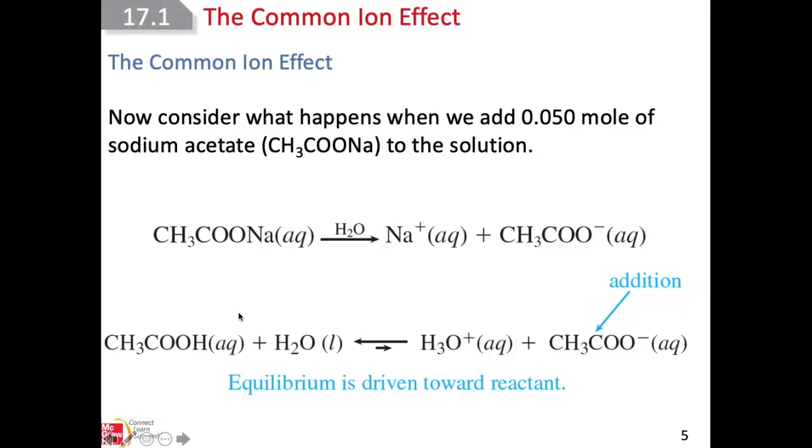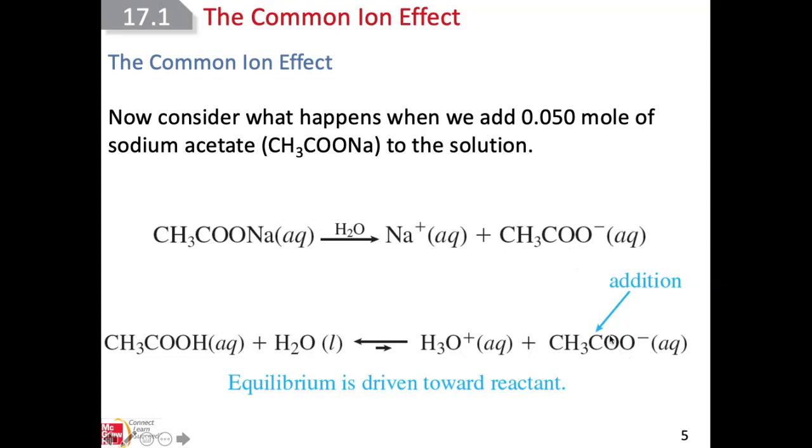You see, this acid already has an ion of CH3COO. When we're adding a salt, we actually have the same common ion over here. This is called the common ion effect. So already the CH3COO minus exists here. When we're adding a salt, it actually has the same ion.